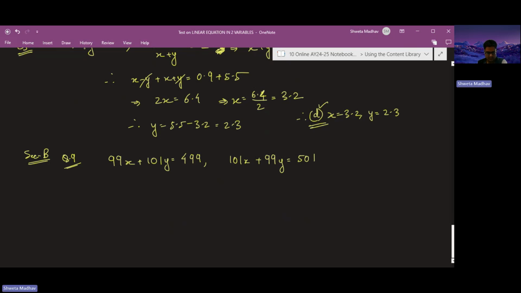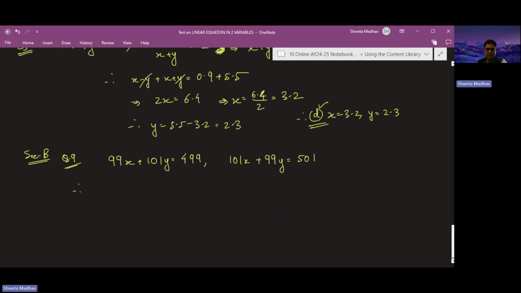So now we have to solve for x and y here. Since in the two equations we can see the coefficients of x and y have been interchanged, first we can add and then we can subtract to find the values of x and y.